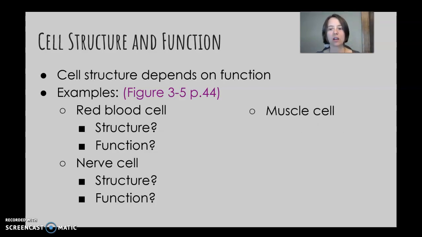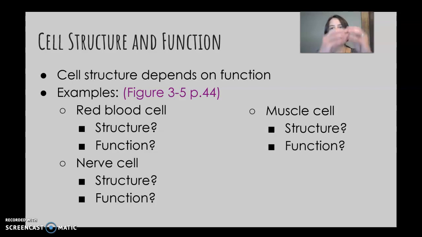Finally, a muscle cell. What is its structure and what is its function? If you said its structure is long, thin cells, and the function is to contract and then relax in order to make the muscle contract and relax, you would be correct.